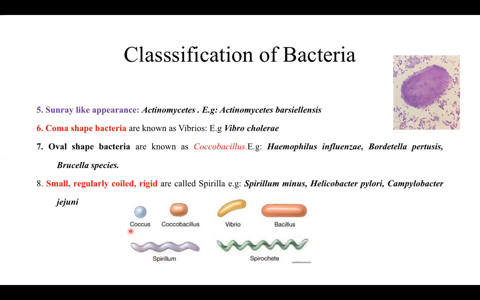These types of bacteria are known as spirilla, or bacteria that appear in an S shape, also called spiral. Examples are Spirillum minus, Helicobacter, and Campylobacter.